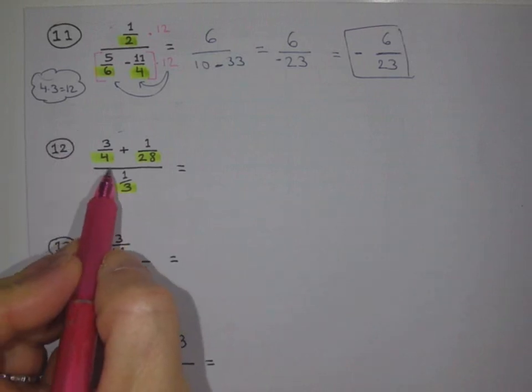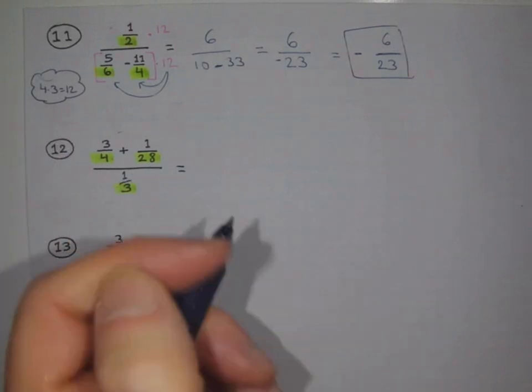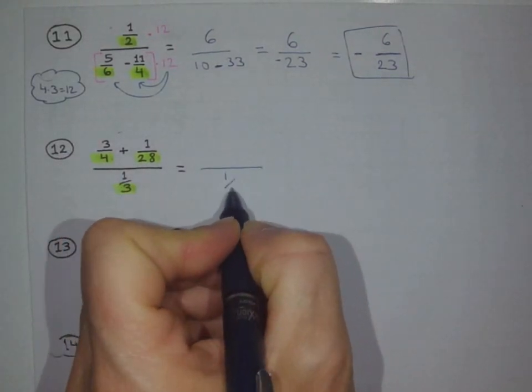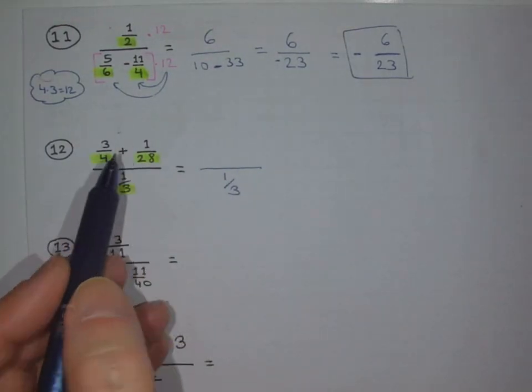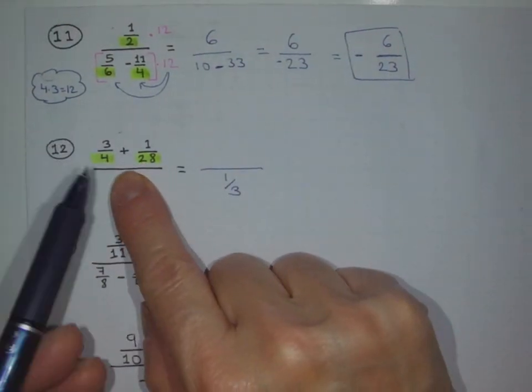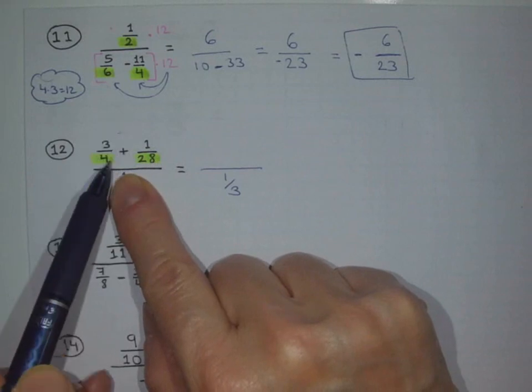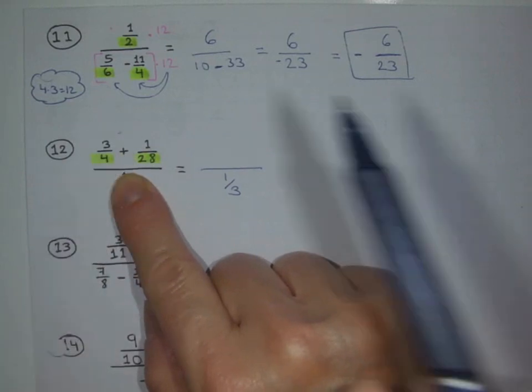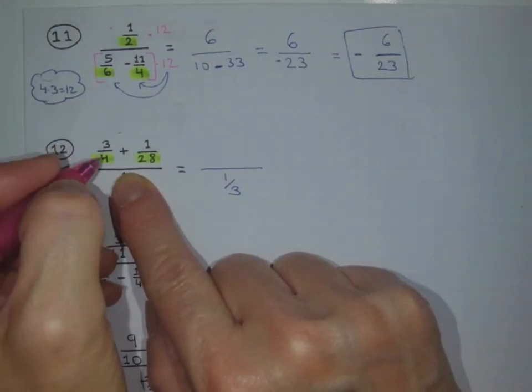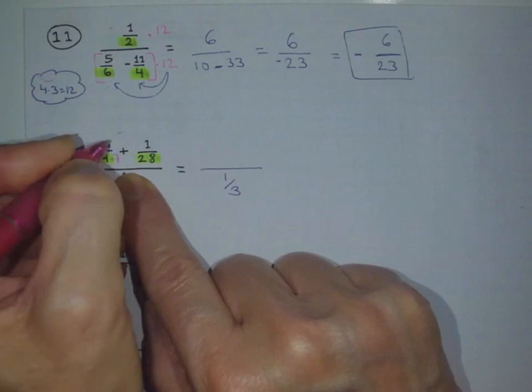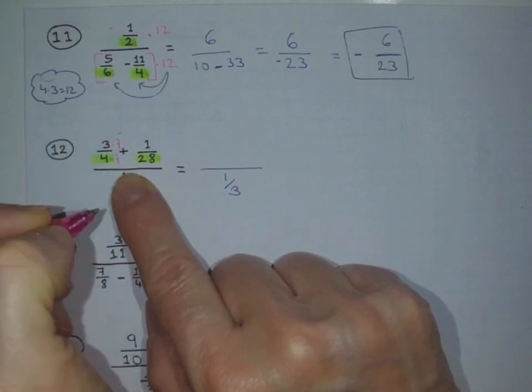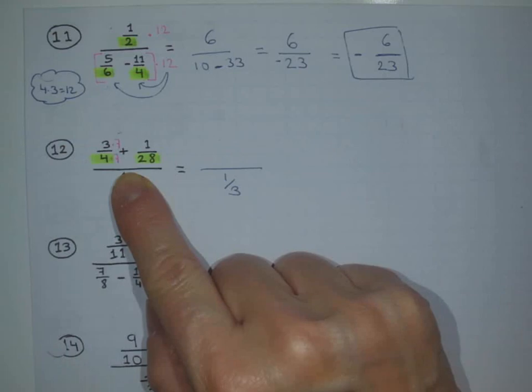So I'm going to ignore that over 1/3 for now. I'm just going to leave it there and ignore it. And I'm just going to work with this up here. I need a common denominator to add those 2 fractions. Common denominator, I would have to multiply here by 7. So I need to do that up here as well. So 3 times 7 is 21.